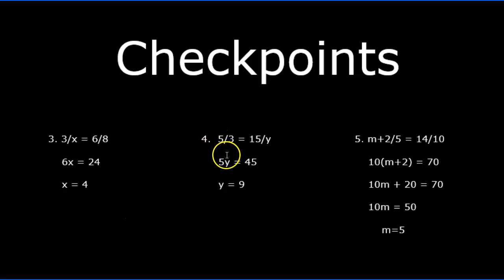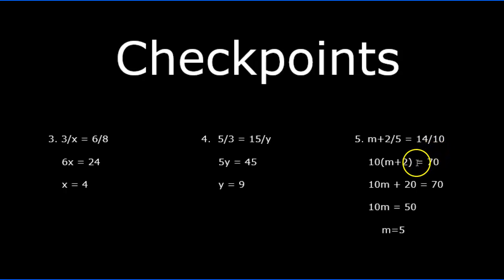Over here, 5 over 3 equals 15 over y. And if you look at your book, 5 times the y, we're going to have 5y equals 3 times 15, which is 45. We divide each side by 5, and we are left with y equals 9. Then, the last one, we have m plus 2 over 5 equals 14 over 10.